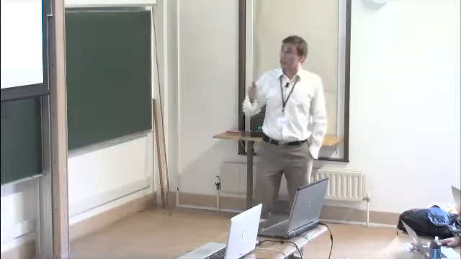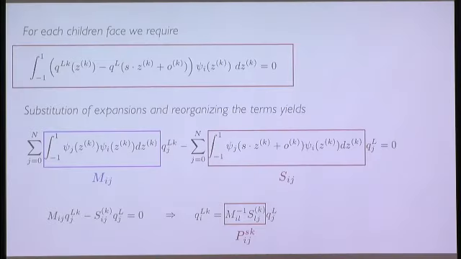And after substitution of the expansions and reorganizing, we get to the point where we can spot a couple of matrices popping out. And this one looks a lot like a mass matrix. However, it is not the 2D elemental mass matrix. That mass matrix is a 1D mass matrix defined on the edge only, and this integral is also along the edge, of course.